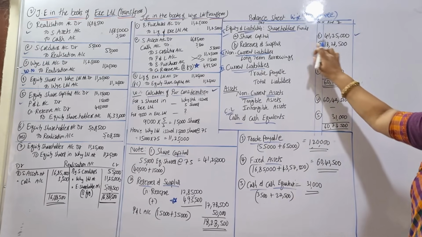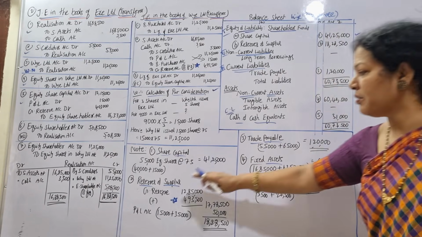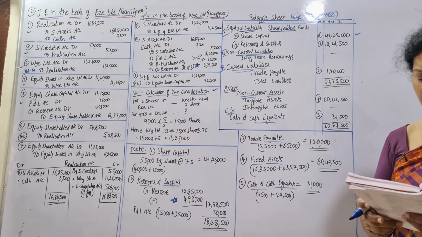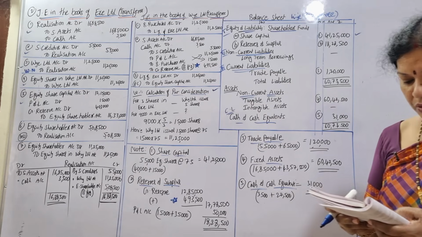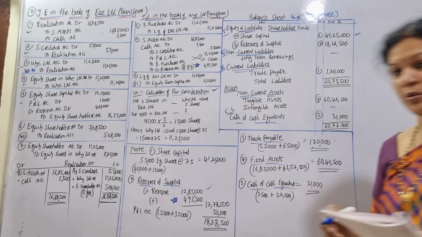Now reserves and surplus we are showing in a note. Note number 2, reserves and surplus is here. Actual general reserve is how much? 12,80,000.